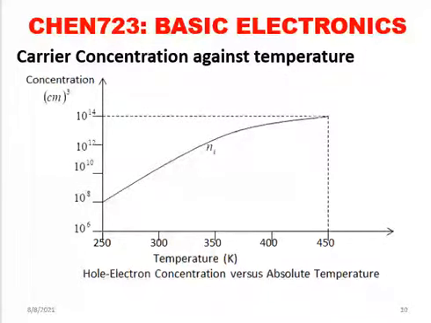When the temperature rises to 300, it will increase to around 10 raised to the power 10. When it rises to 350, it will reach 10 raised to the power 12. And finally, at a temperature of 450 degrees Kelvin, you have only 10 raised to the power 14 broken out of what? 10 raised to the power 23.